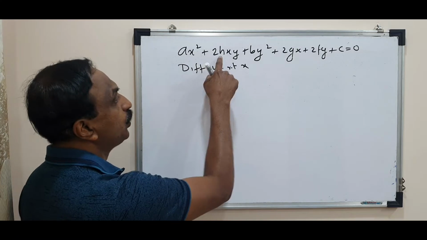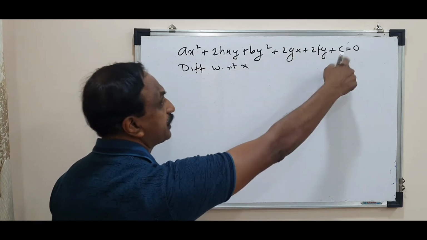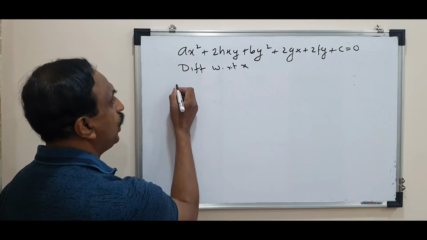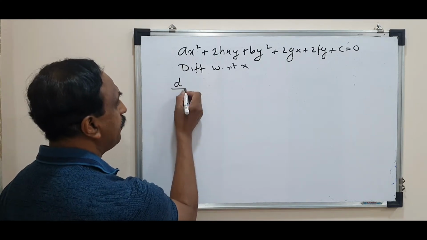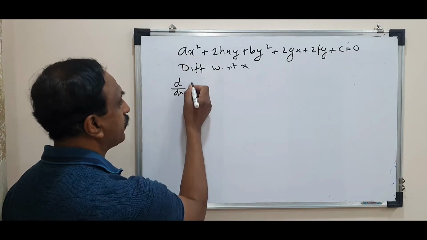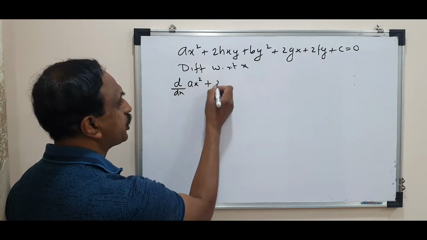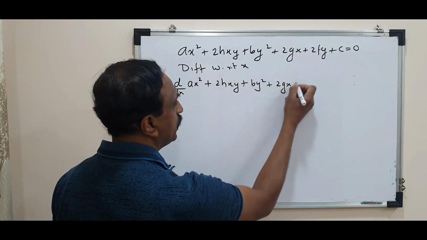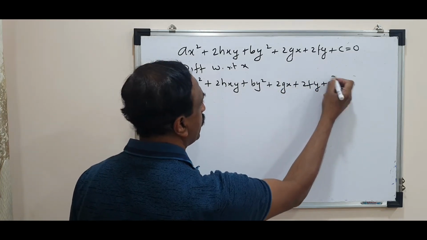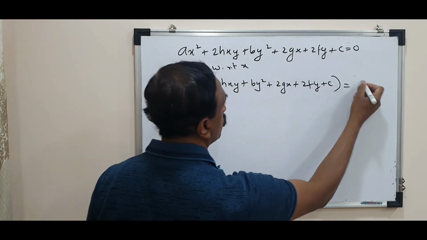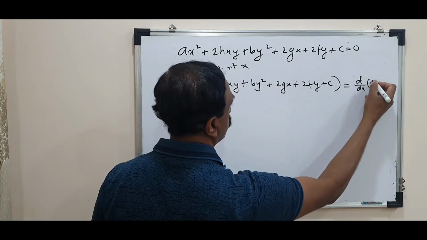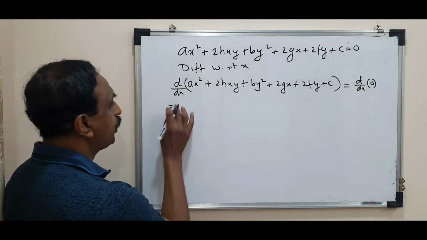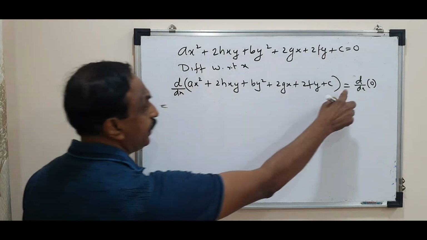Remember, a, 2h, b, 2g, 2f, c are all constants. So you are differentiating with respect to x. I can write d by dx of ax square plus 2hxy plus by square plus 2gx plus 2fy plus c is equal to d by dx of 0. So I'm differentiating both sides. Now I'll put the equal to sign only on one side.